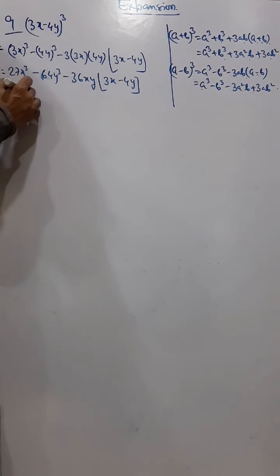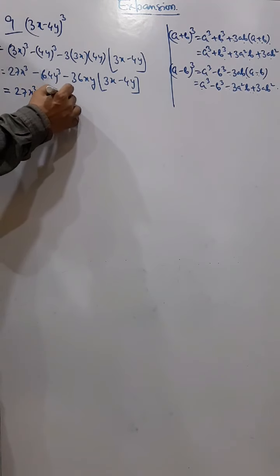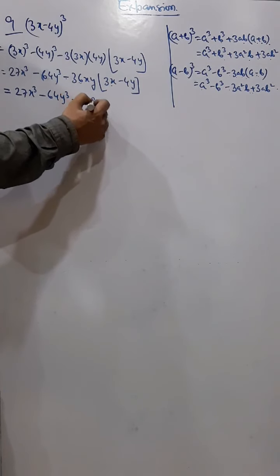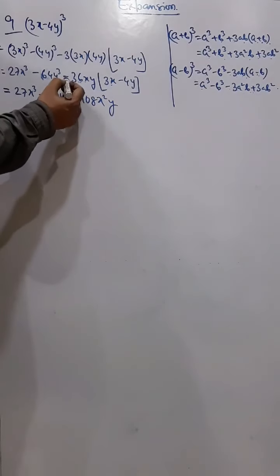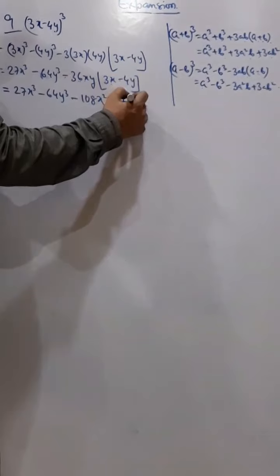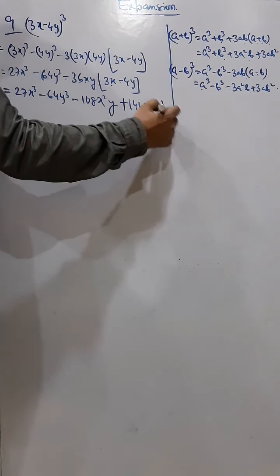And then what we got, 27x cube minus 64y cube, and then we'll multiply this, minus plus is minus, 36 into 3 is 108, x into x, you get x square y, and then again minus minus, that becomes plus, 36 into 4 you get 144xy square, and that is the answer.